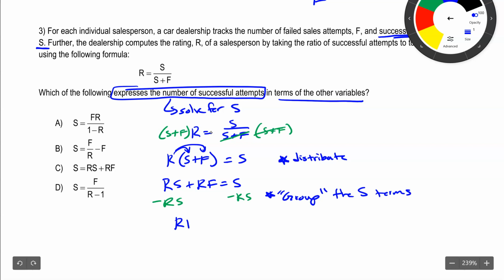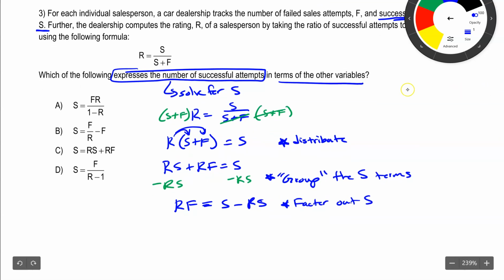So I would get RF equals S minus RS. And what that allows me to do now is, you see how I have these S expressions? I can factor out S. Not divide out, factor out. So I'm going to get RF equals S times, now be careful, when you factor this first expression, you have a 1 left. So 1 minus R.